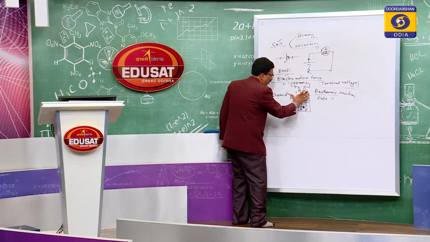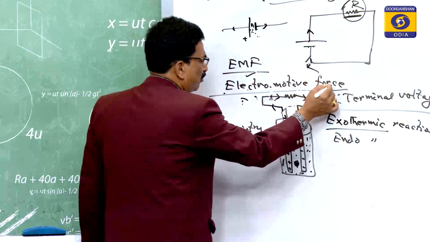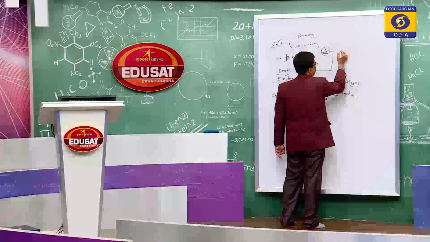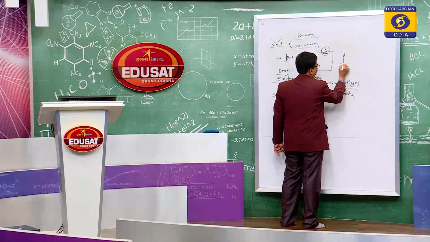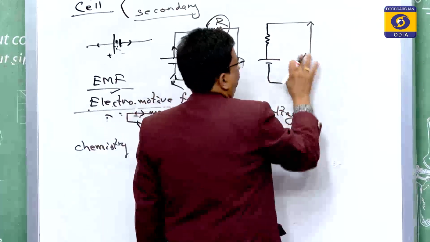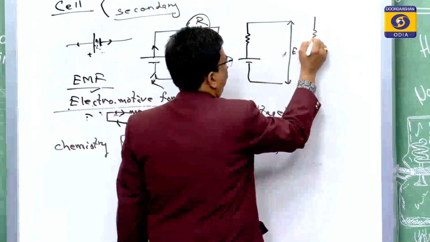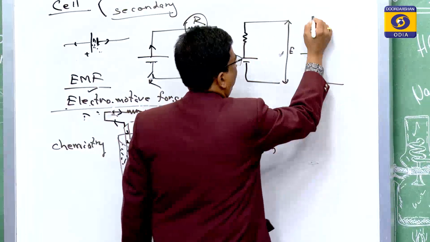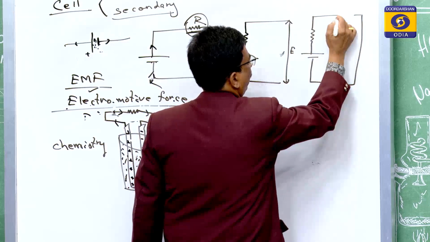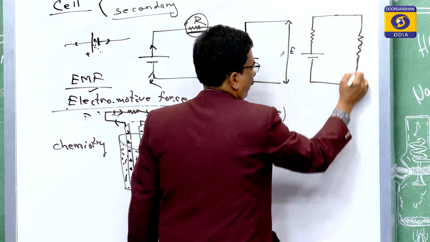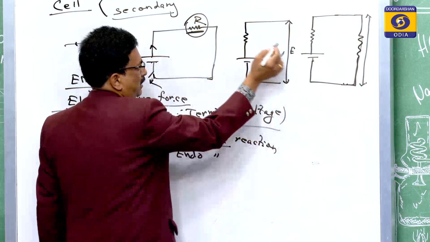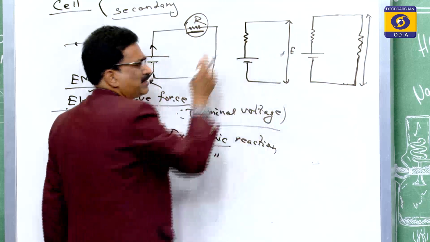Therefore, when this is not operated, then that is known as the electromotive force. After operation, what it provides is the potential difference. You see, here it is the battery and here it is the internal resistance.